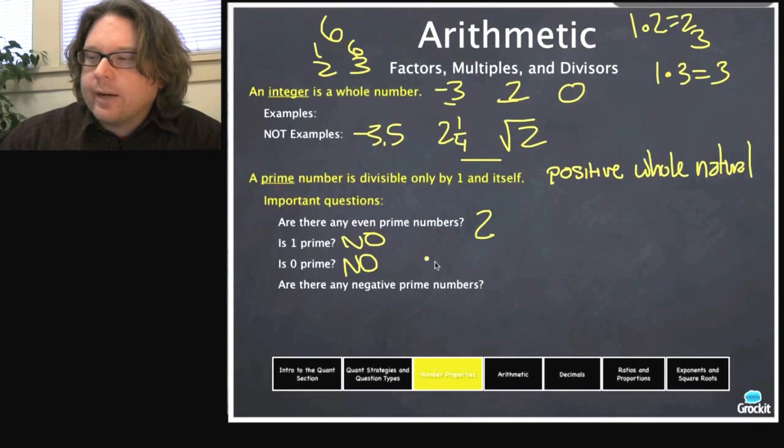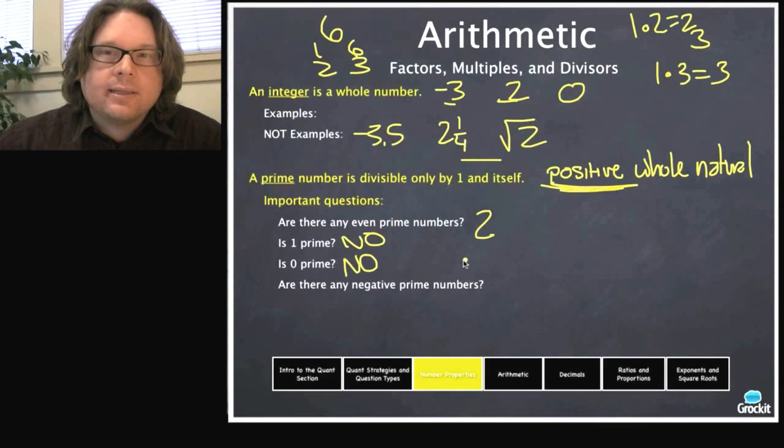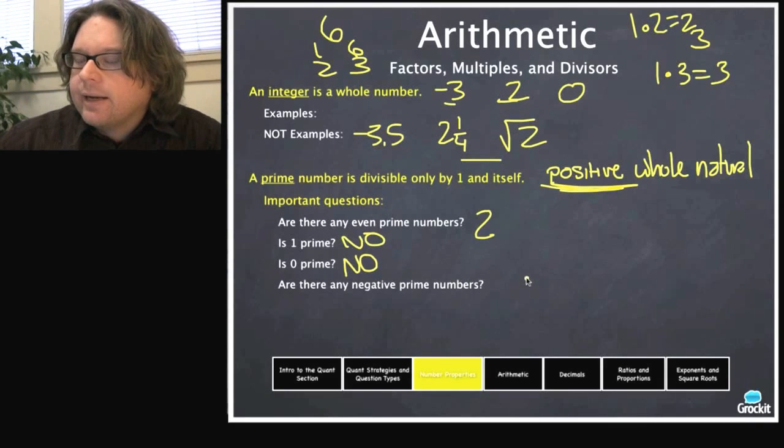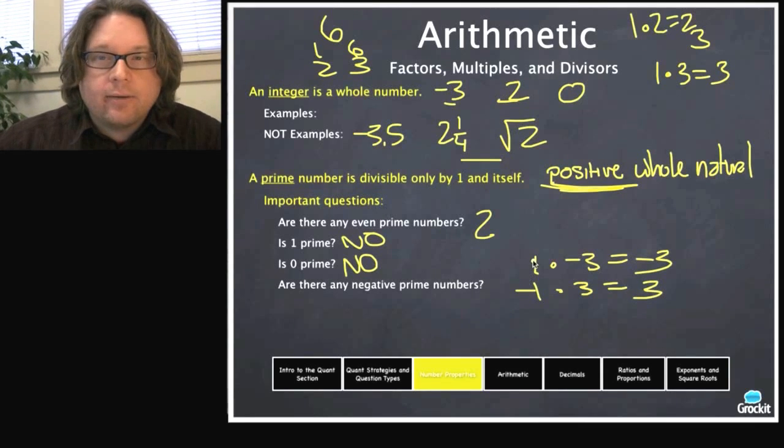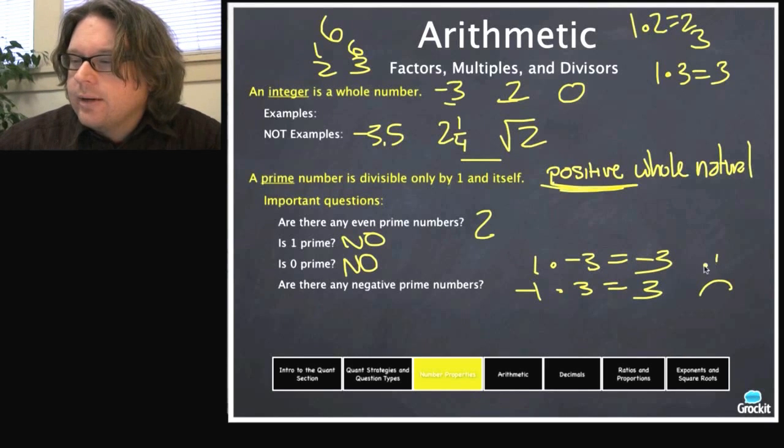Are there any negative prime numbers? No. Remember, part of our definition is that they're positive. Even a number like -3, you can multiply 1 times -3 equals -3, or -1 times 3 equals 3. So if you want to even introduce the idea of being able to multiply other things together to give you -3, it still has more than 2 factors. So no, there are no negative prime numbers.